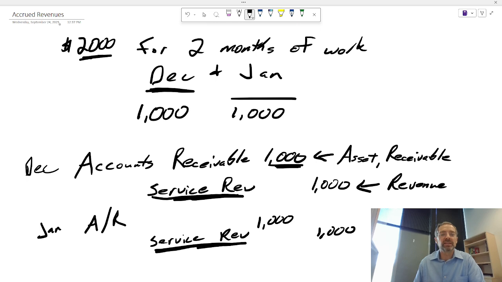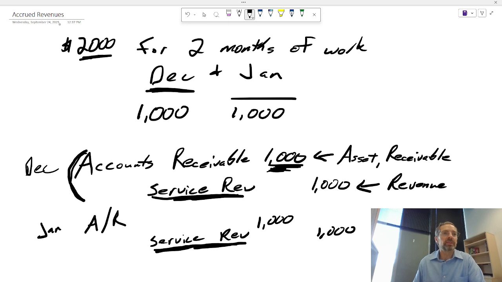Just the tendency here would be to double count everything. So we record this adjusting entry in December, and then we send the bill in January, and the tendency is to say, hey, we sent a $2,000 bill, let's make this $2,000. But that, again, doubled up on the $1,000 that we already put into our ledger.